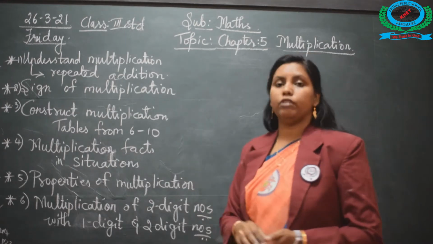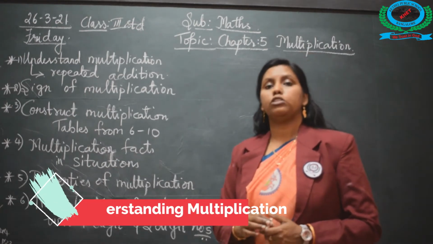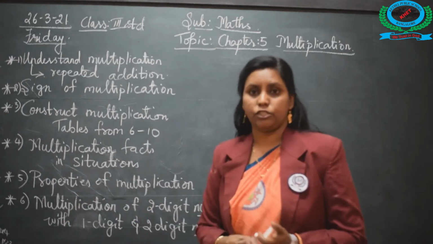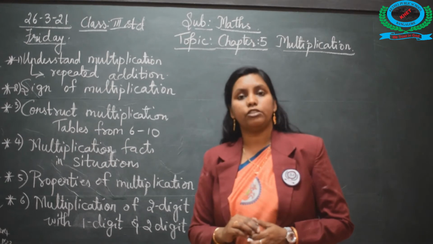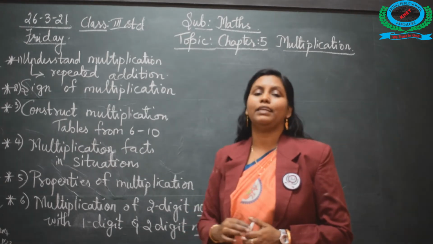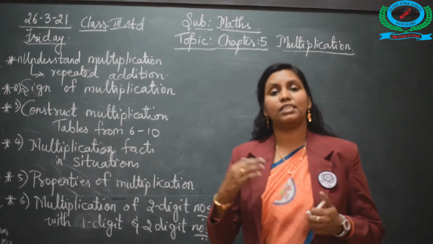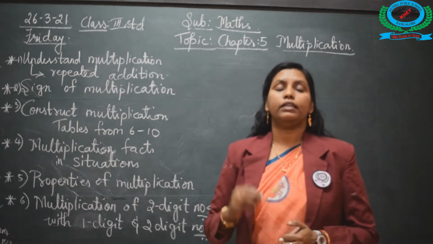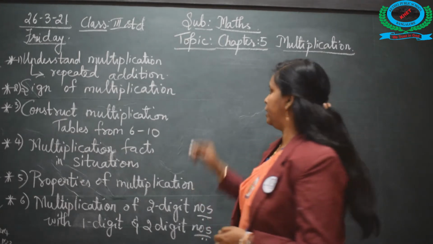Okay, moving on to the first subunit, it is understanding multiplication. So children, what is multiplication? How can you define multiplication? Multiplication is defined as the repeated addition of the same number.